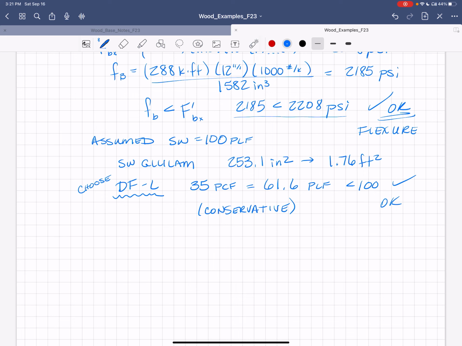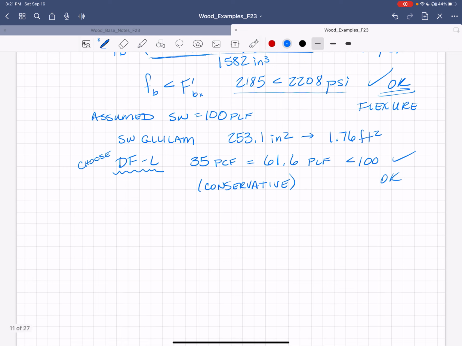By the time we take 40-ish pounds per linear foot, put that in the loads that we have with a 288 kip foot type load, that's not going to be anything. So it's probably not super conservative when you consider how little piece of that is for the load. Okay. So our assumption didn't cause any problems here.